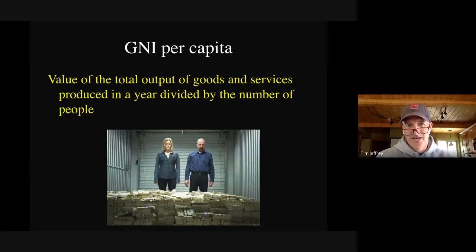And so that value of all the output and goods in our country is, well, before the pandemic, it was $20 trillion or some crazy number like that. And we take that number and then divide it by 330 million people. And that's how you get that statistic. Our GNI per capita, give or take, is about $50,000, $55,000. Norway, who was number one in those rankings, they were up around $65,000.